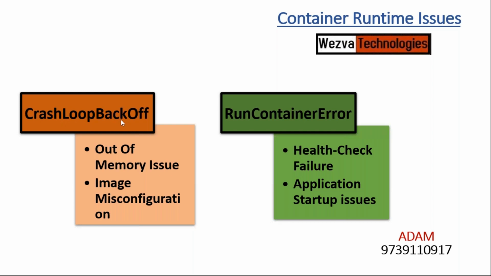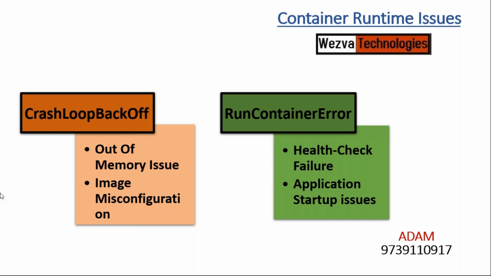This is where you will be seeing out of memory issues or some misconfigurations in your image. Now the pod has taken your image, and from that image it is trying to run the default startup command or the command that you have given in your pod spec. While it is running it in the container, you will see this error.